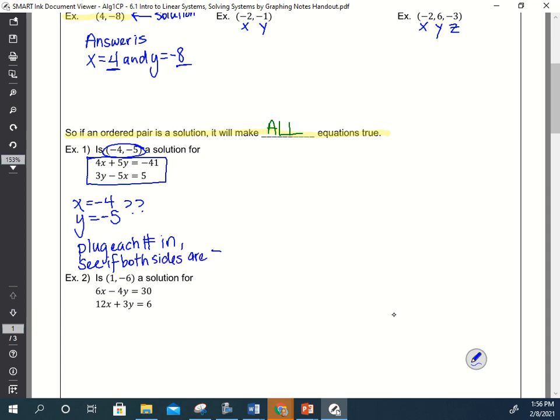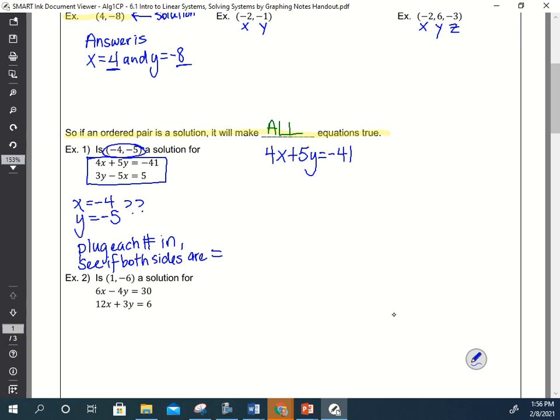Both sides have to be equal in order for the answer to be yes. So let's start with the first equation. And this is similar to what you'll be doing in the IXL that is due on Wednesday. 4x plus 5y equals -41.